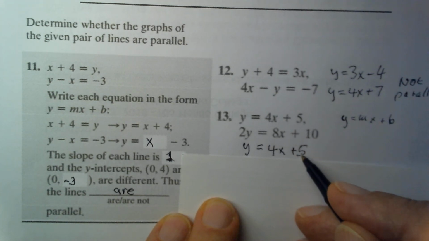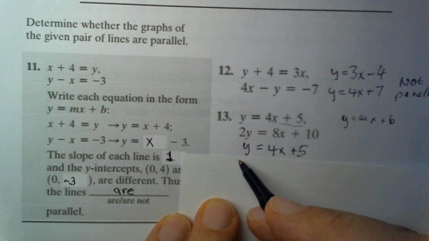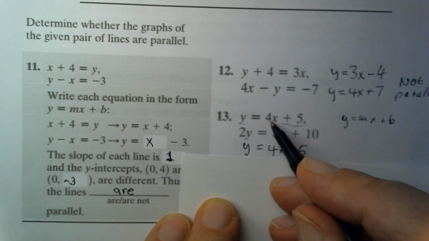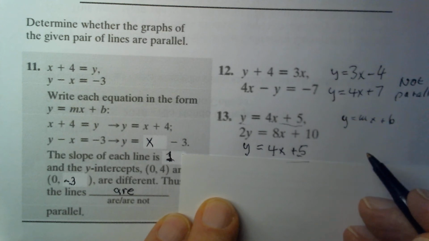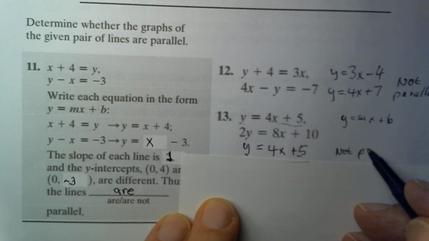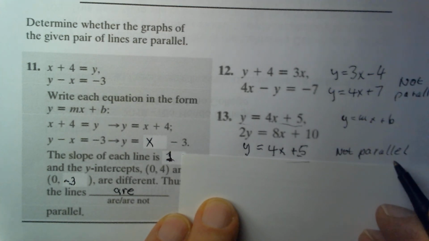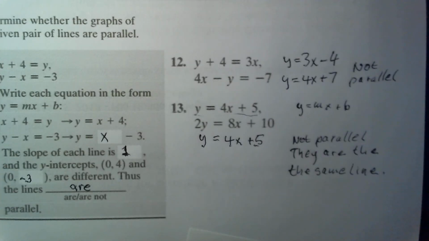So now we see that these two lines are really identical. y equals 4x plus 5 and y equals 4x plus 5. In other words, they have the same slope, but they also have the same intercept. So that means they are not parallel. So these two equations really represent the same line.